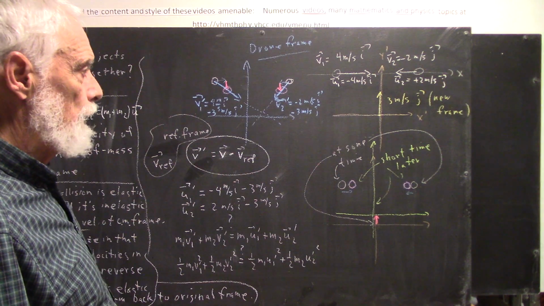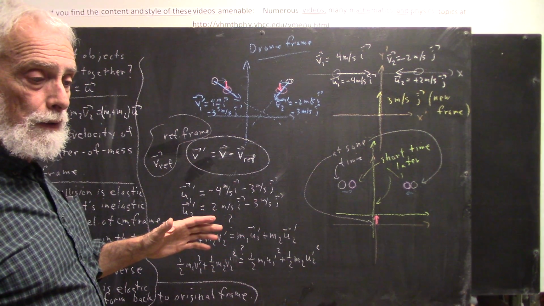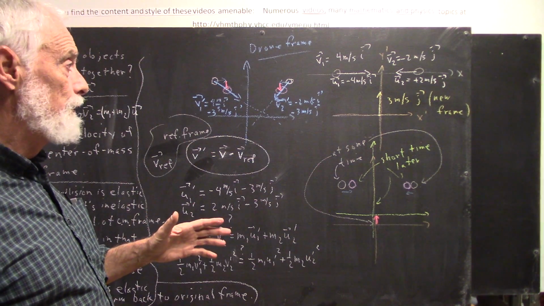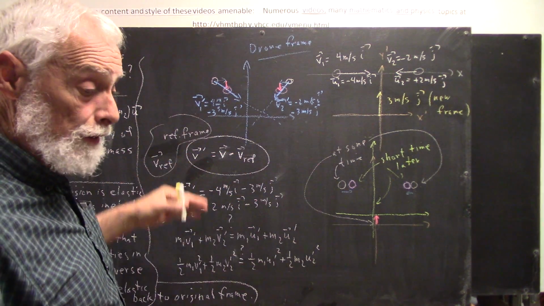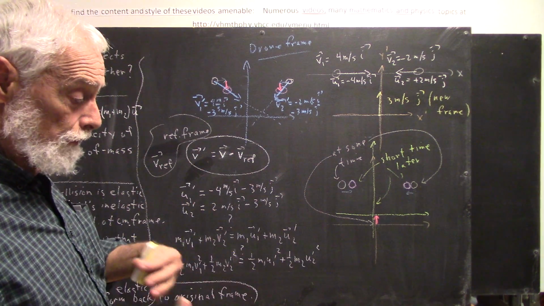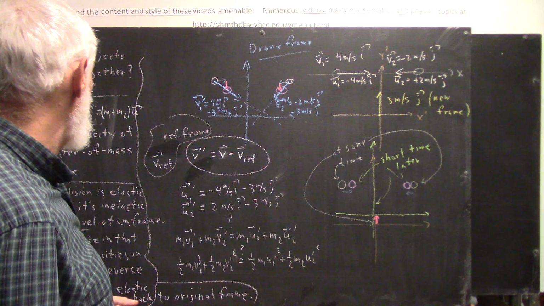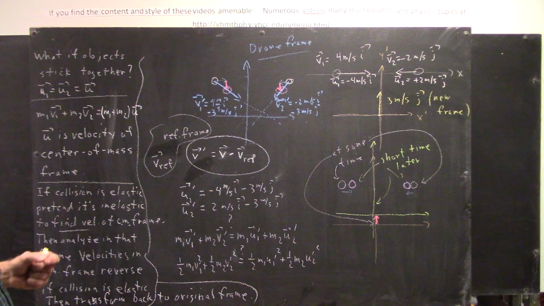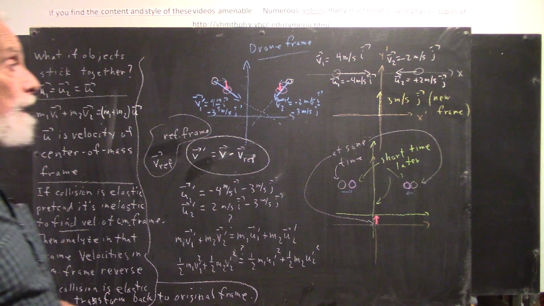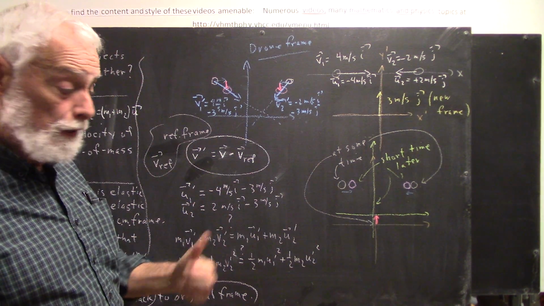Now, if you're given an elastic collision, you can always find its center of mass frame and apply these ideas of moving frames or relative motion between reference frames. And once you're in the center of mass frame, whatever your velocities are in that frame, they're going to reverse on the collision.